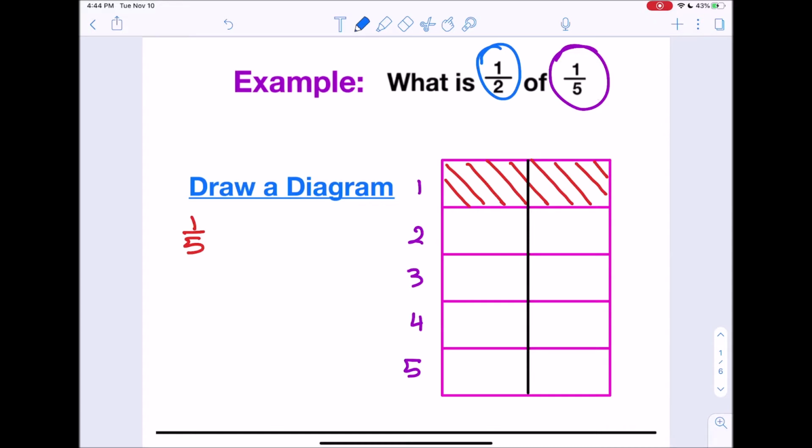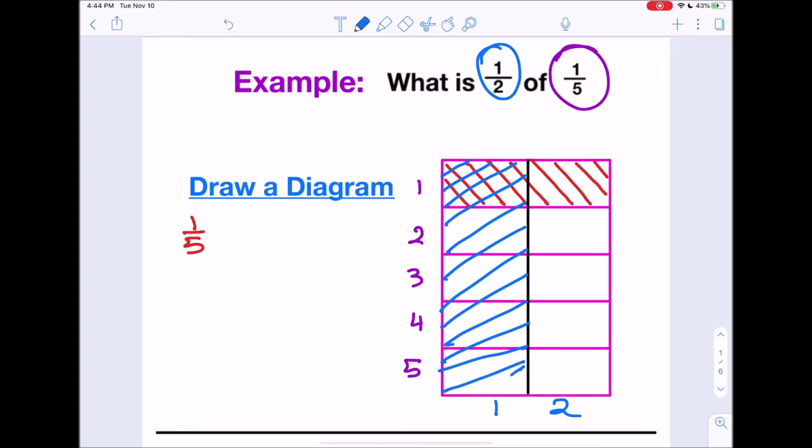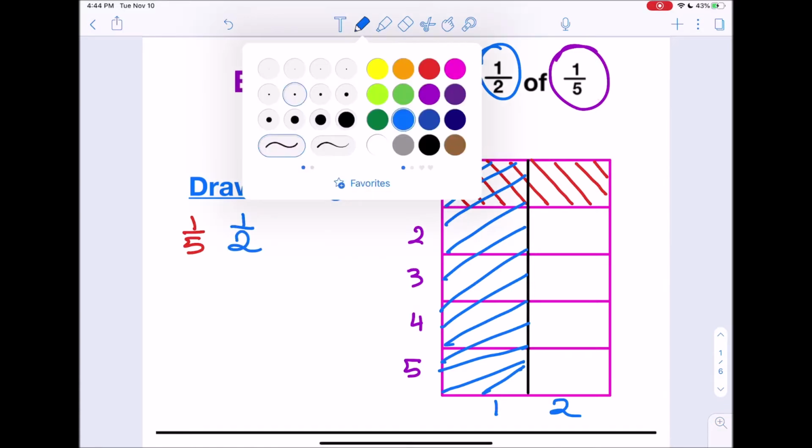So now my 1/2 is going 1, 2, so you can see what I'm referring to as a half. And now I'm going to color in that section blue. So blue was my 1/2.